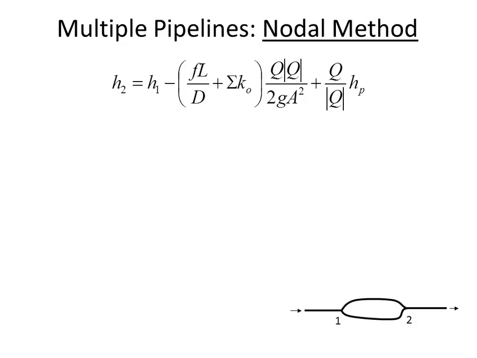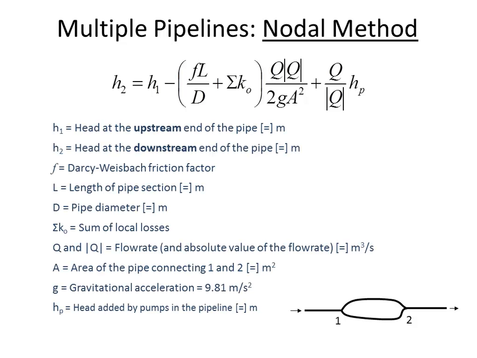So this is the process that we're going to be applying to solve the nodal method, and all of the variables are defined there along with their units, nothing that we haven't seen before, except I want to emphasize that location 1 is upstream, meaning where water is coming from, and location 2 is downstream, meaning where the water is going to.